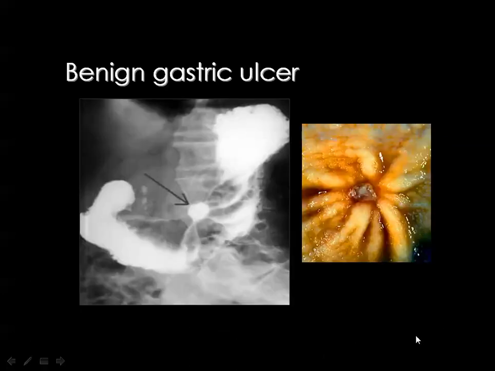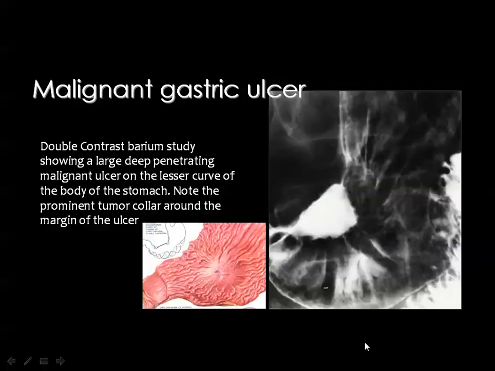And this is also an example of a benign gastric ulcer by barium meal and by endoscopic examination. It's easy for you to realize that the mucosal folds are reaching the edge of the ulcer, and this is diagnostic of a benign lesion in most cases.